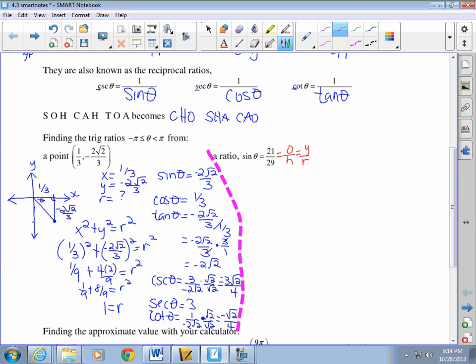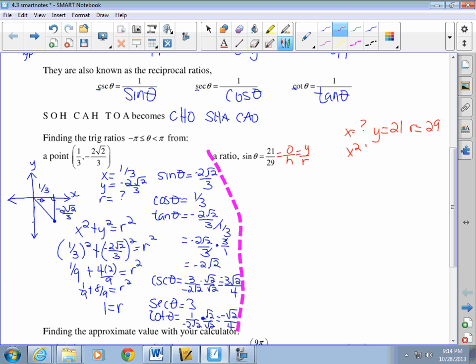So I know from here I've got my y and my r value. I need to find my x. So I have x equals don't know what, y was equal to 21, and my r is equal to 29.